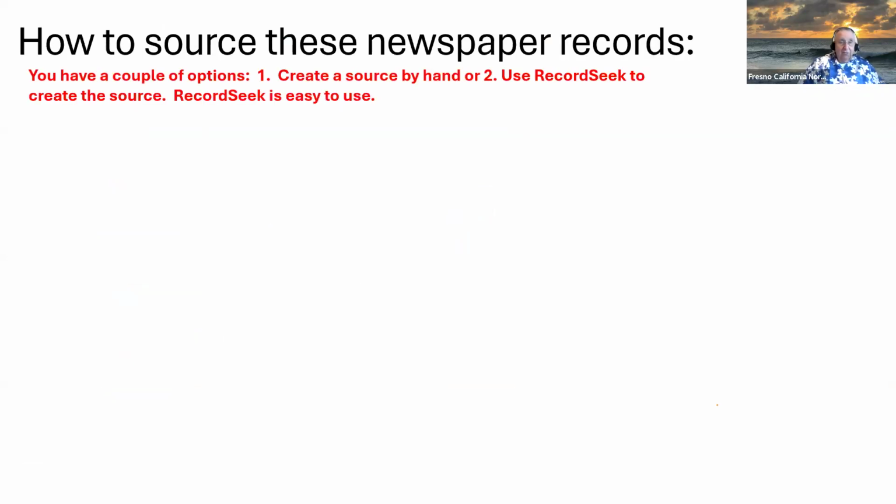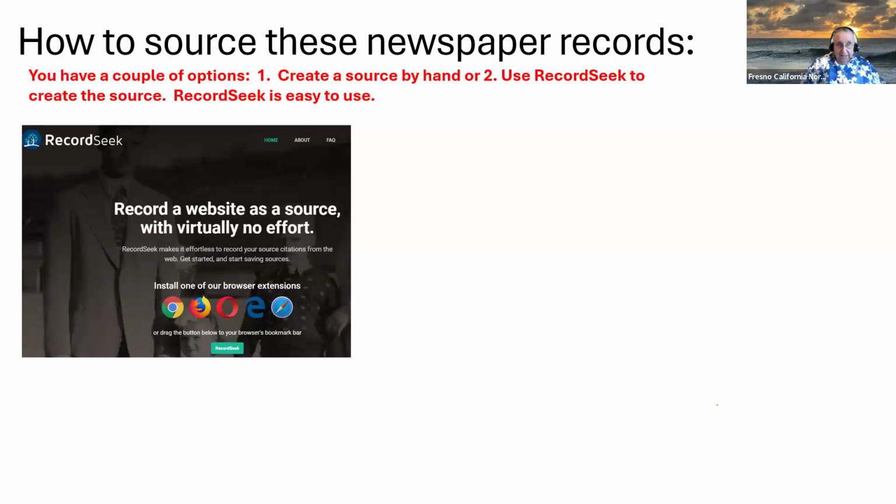Okay, so now how are we going to get things like these newspaper articles over into FamilySearch? We have 2 options. We either create the record by hand or we use this program called RecordSeek. I strongly recommend the use of RecordSeek. And so to use it, you just go to recordseek.com and the page will look like this.